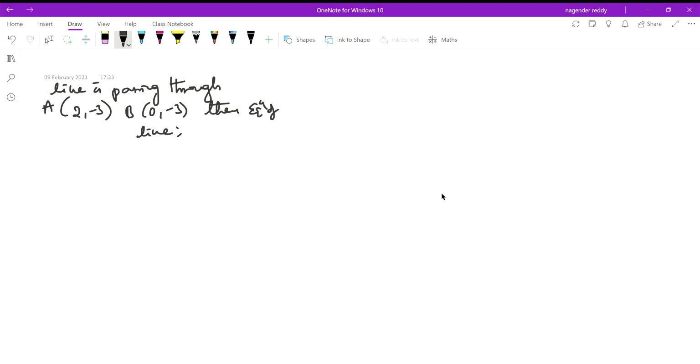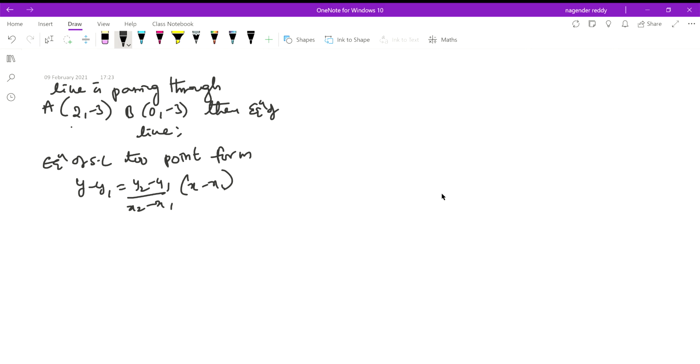Just now we learned the equation of a straight line in two-point form. If two points are given, what is the formula? y minus y1 is equal to (y2 minus y1) by (x2 minus x1) into (x minus x1). Here (x1, y1) and (x2, y2).